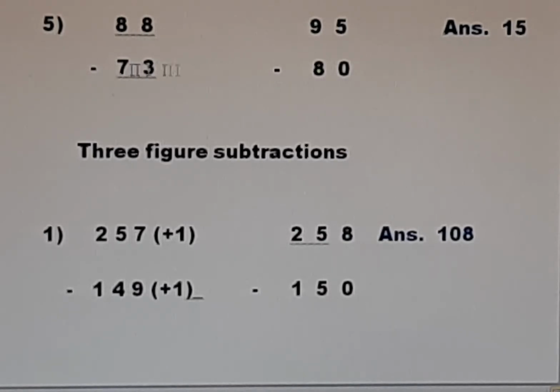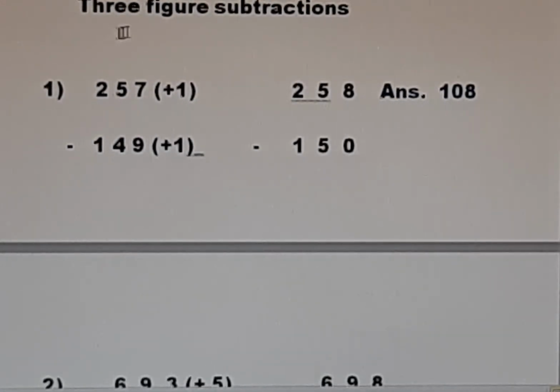But with a base number you can also do it, but you have to check this thing. If you check, 8 minus 3 is 5 and 8 minus 7 is 1. It's very easy. But we have done it this way also, so the answer will be the same. But first of all you have to check whether you can minus the lower figure from the upper figure.